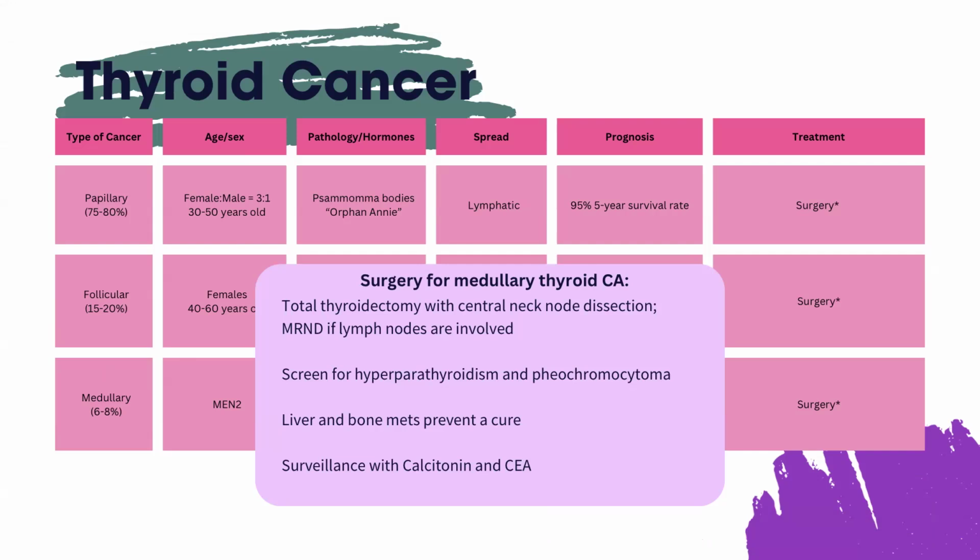Before you do surgery on these patients, if they don't already have a known diagnosis of MEN2, you want to make sure you screen for hyperparathyroidism and pheochromocytomas. If they do have any distant mets to the liver or the bone, they are not curable, and you'll want to consider palliative therapy at that point. And then once these patients undergo surgery, you can surveil them with calcitonin and CEA.